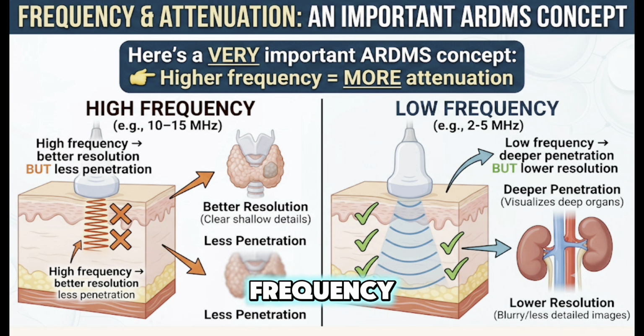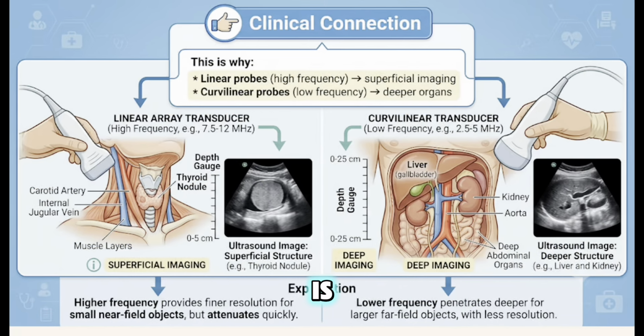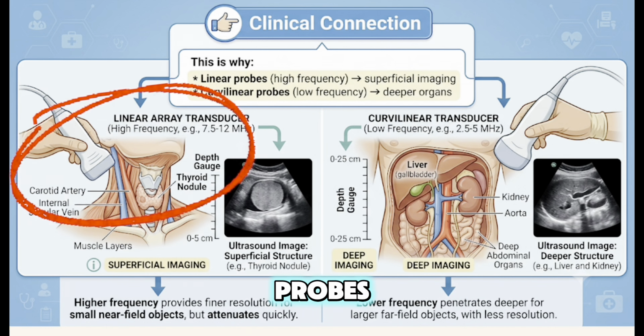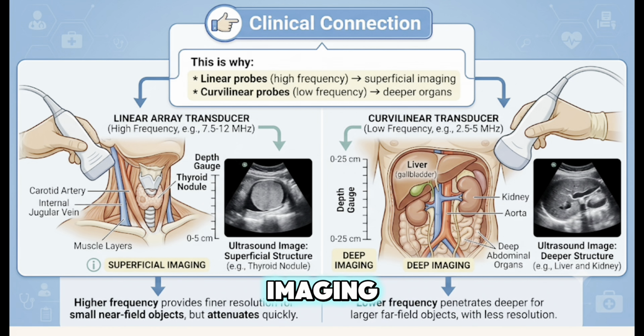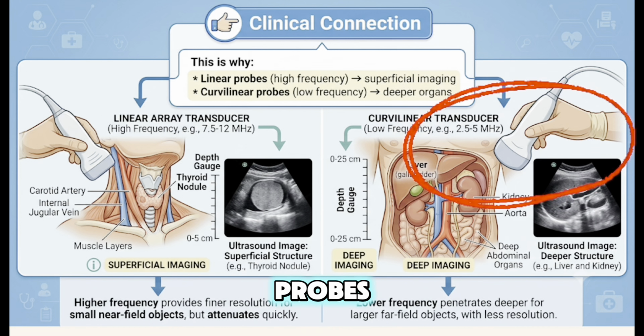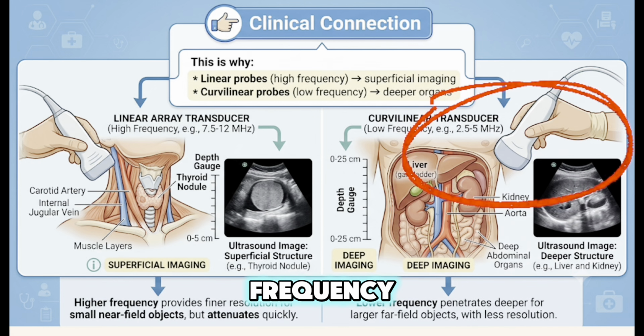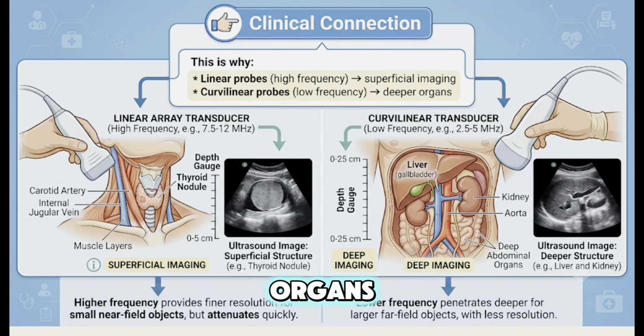And for low frequency, the penetration is deeper, but there will be lower resolution. This is the reason why linear probes, which have high frequency, are used for superficial imaging, and curvilinear probes, which we all know have low frequency, are used for deeper organs.